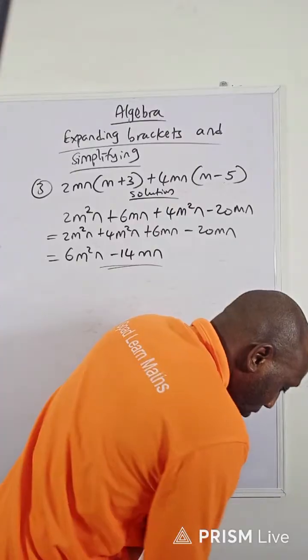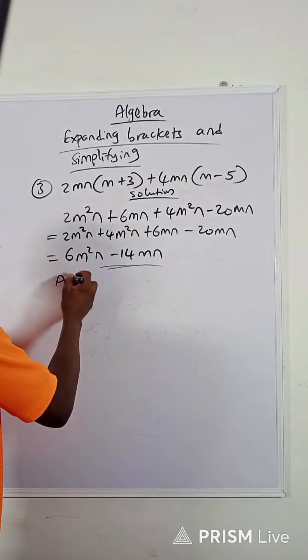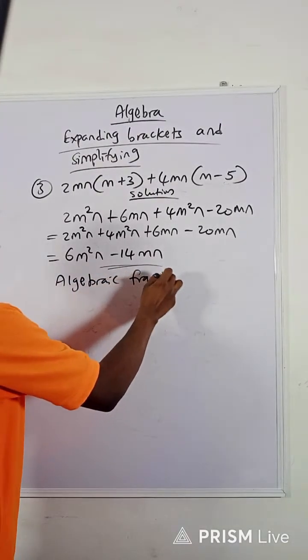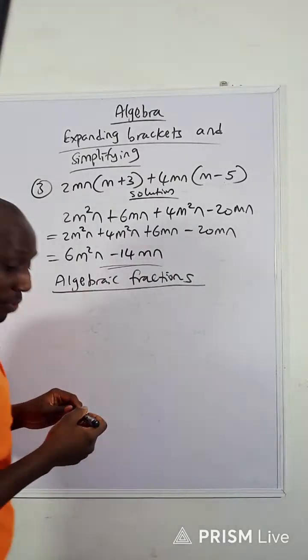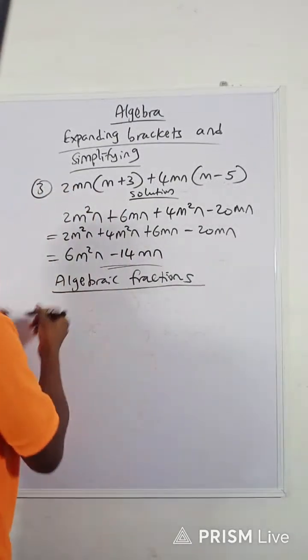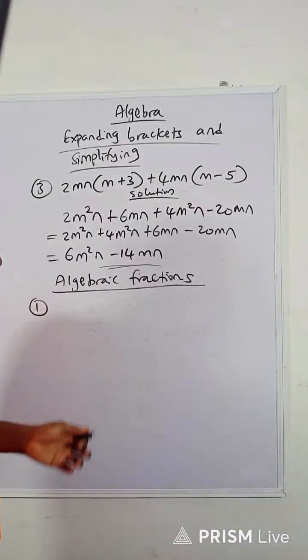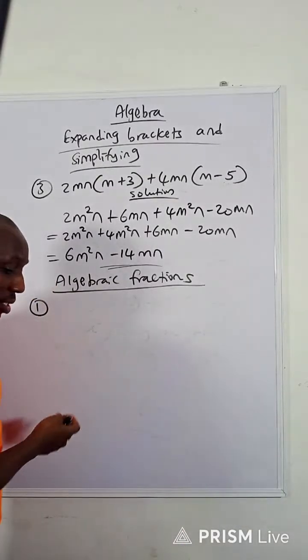Okay, let's continue. So we have simplifying algebraic fractions. Let's just say algebraic fractions. You know what fractions are, right? And fractions are part of a whole. 1 over 2, 7 over 5, 8 over 20, all these are fractions, okay?